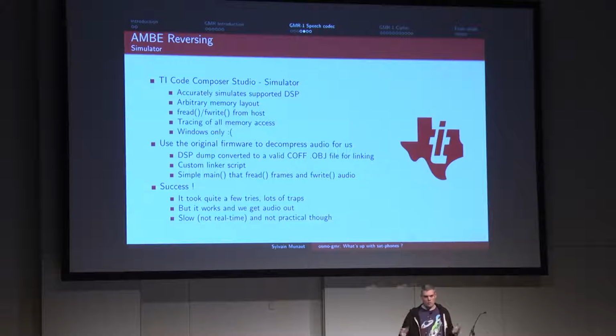And then you can just link to it like you would link to any other piece of binary. You write a simple main function that will basically fread your compressed samples, call the decoding function, or at least what you hope is the decoding function, and fwrite the audio samples.